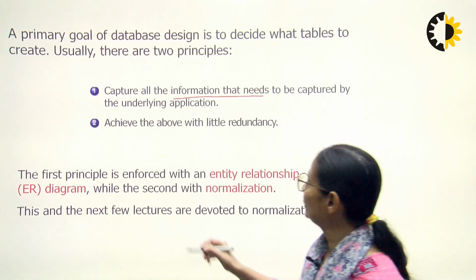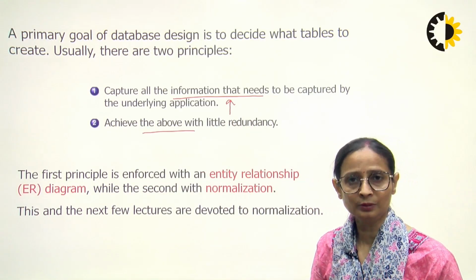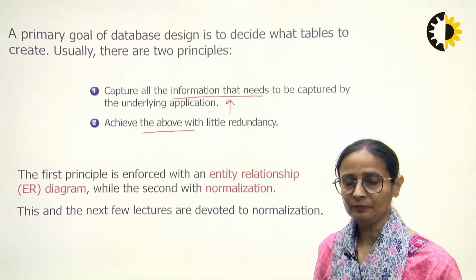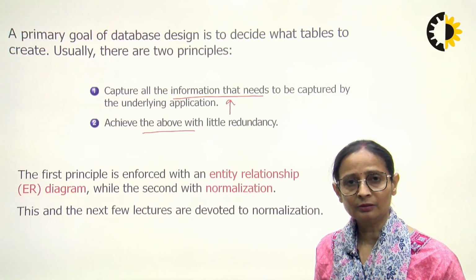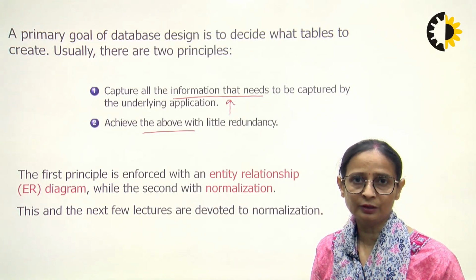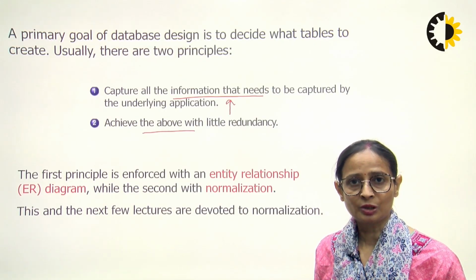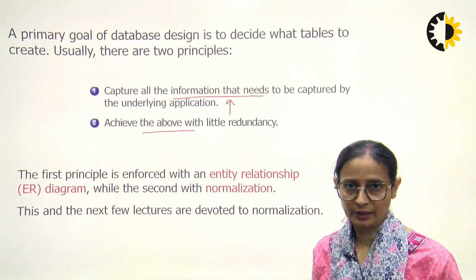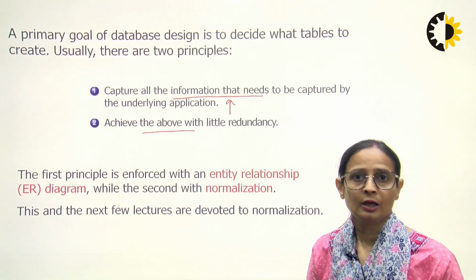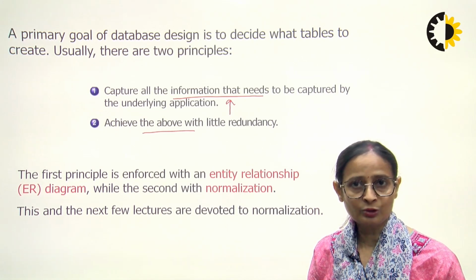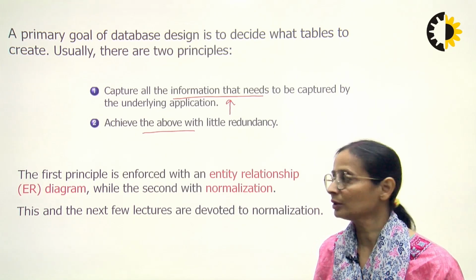Also, it should achieve this with minimum redundancy. While keeping redundancy to a minimum level, the main objective is to capture all the information, that is, the relation schema which we are going to design should contain all the attributes, all the values which we want to be present in our application.